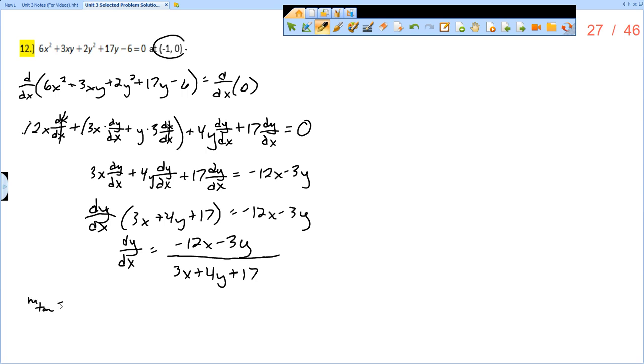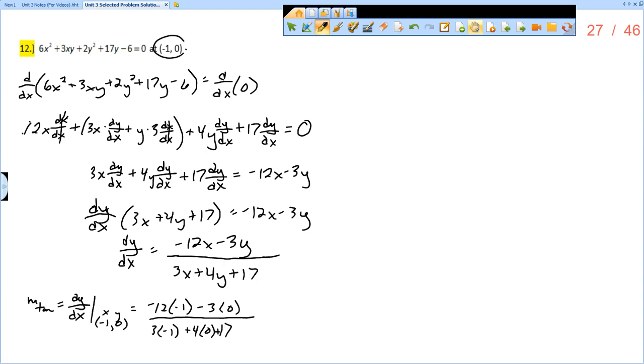So the slope of the tangent line is going to be found by evaluating dy/dx at the point (-1, 0). So remember that means x equals negative 1, y equals 0. And so x is negative 1, so negative 12 times negative 1 minus 3 times 0, divided by 3 times negative 1 plus 4 times 0 plus 17.